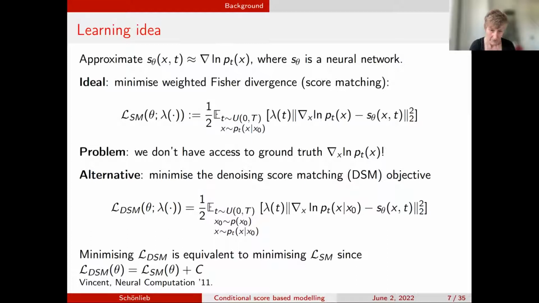If you, in particular, like Song Yang did, choose a Gaussian to be the reference distribution you want to get to, then the distribution PT of X given X0 will just be a Gaussian. Its score will just be linear.